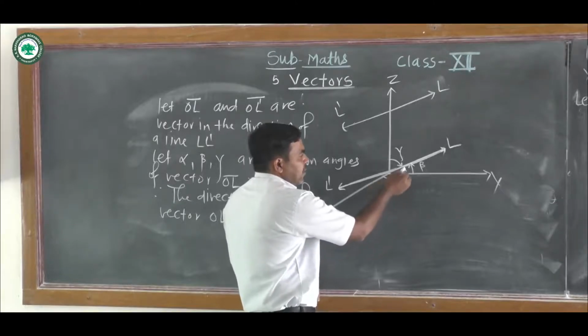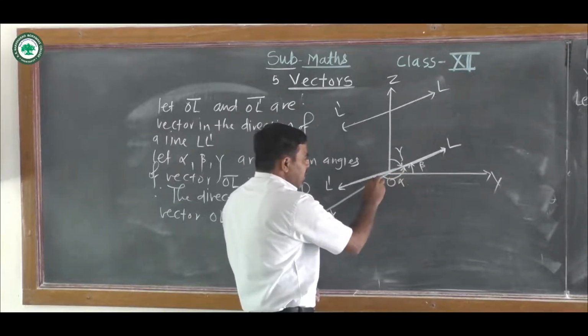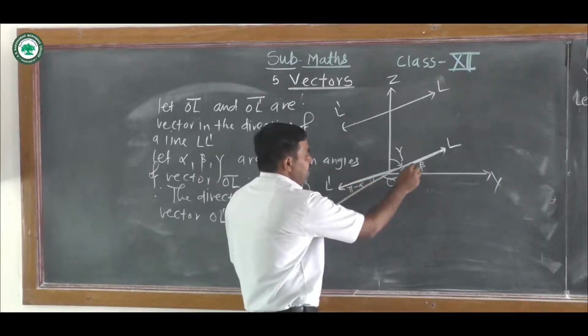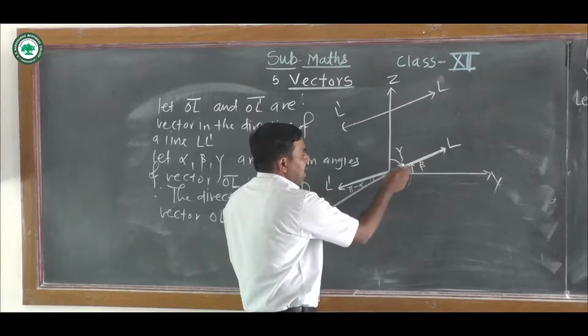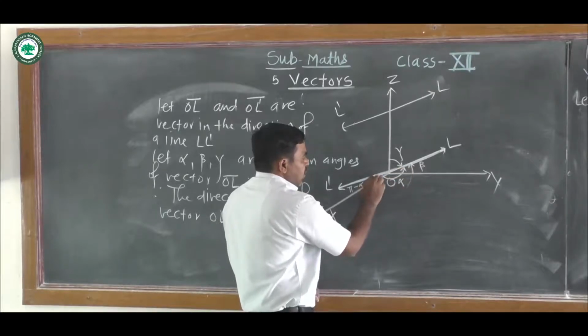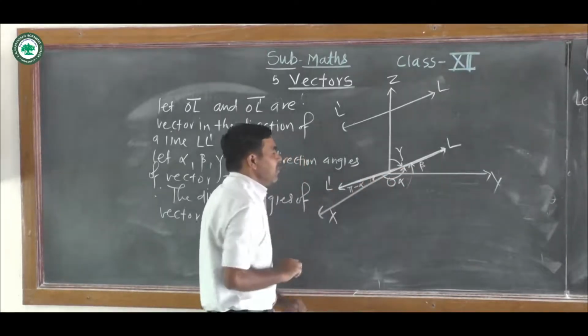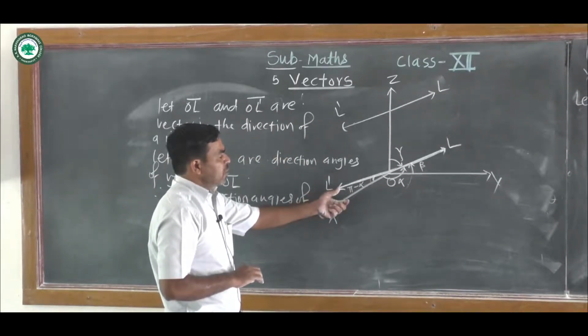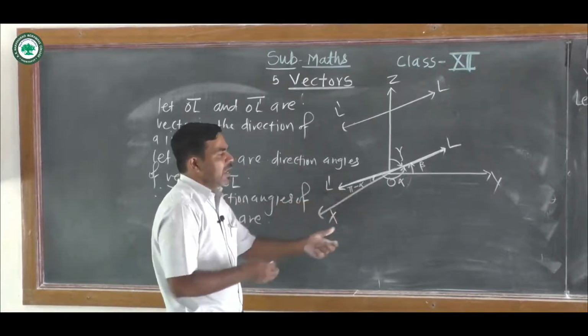So this angle is alpha, so automatically this angle is pi minus alpha, because this total angle is pi and this is alpha. So the angle made by vector OL dash with positive x-axis is pi minus alpha.